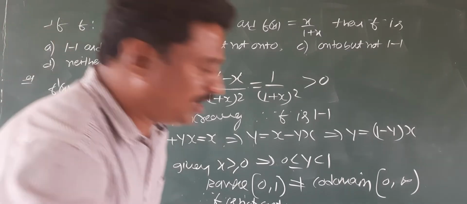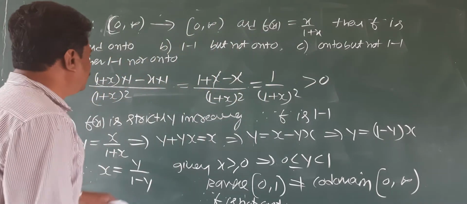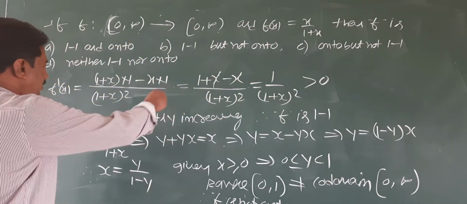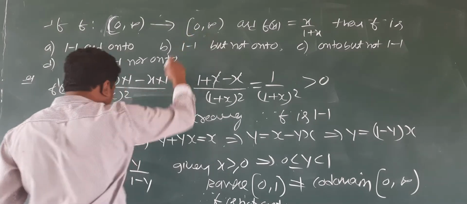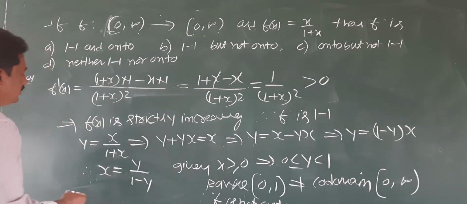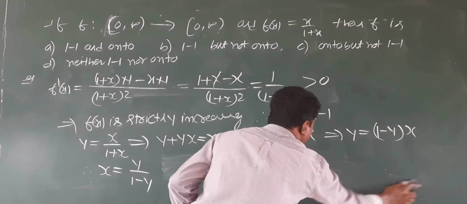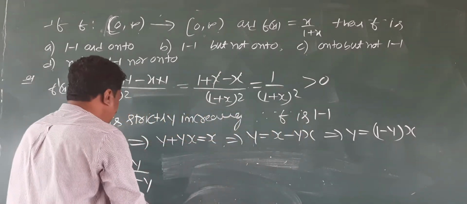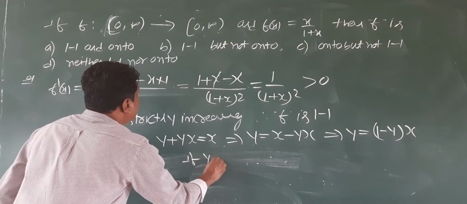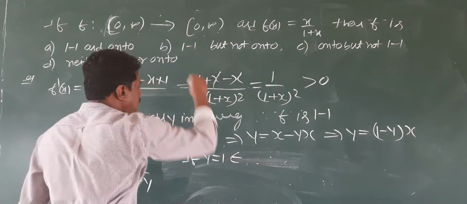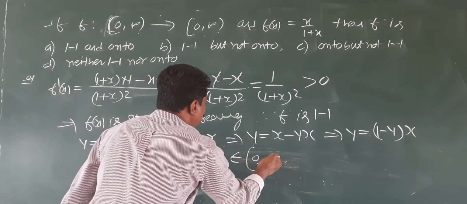Or you can do it one more way. If I choose the y value from this set, if y is equal to 1, x does not exist. Or a simpler way: y equals 1 belongs to the second set, 0 to infinity.